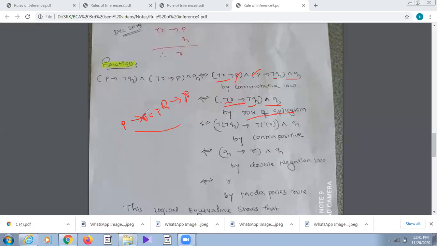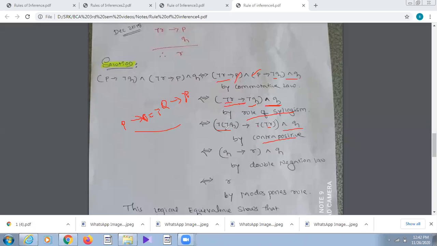Okay, P conditional Q can be written as negation Q conditional negation P. So same here. Instead of P and Q, we have negation R and negation Q. So negation of negation Q and negation of negation R we get. So this is what we applied, and the remaining term, conjunction Q, by using contrapositive.